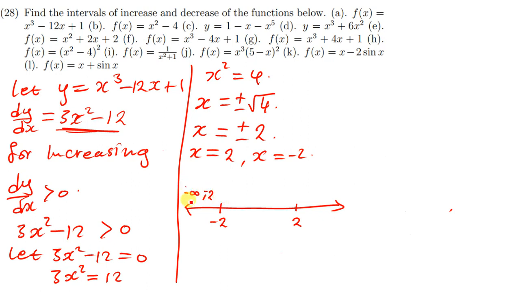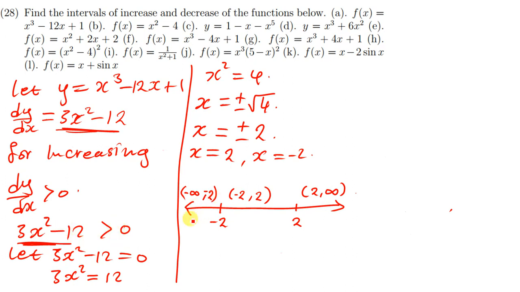Then we have the interval between negative 2 and 2. Then we have the interval from 2 to positive infinity. We take any number that is less than negative 2, and I believe we can take negative 3, and test it in this equation to see if the answer is greater than 0.